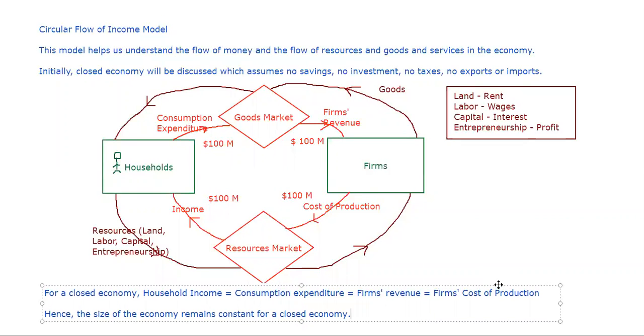It happens because most economies are not closed economies, they are open economies. So I hope this particular model is clear. If I have to measure the size of this circular flow of income, I can just put a meter either at the income level or at the expenditure level or at the revenue level or at the production level, and I can get the same number. That's one important learning. We'll use that in the next discussion.